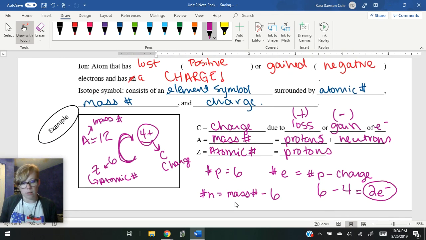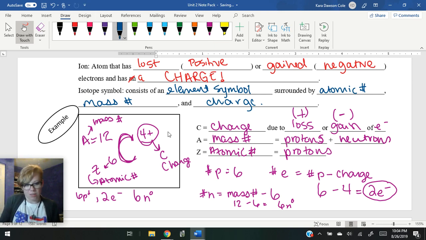So my mass number, 12 minus 6, is equal to 6 neutrons. So this guy has 6 protons, 2 electrons, and 6 neutrons.